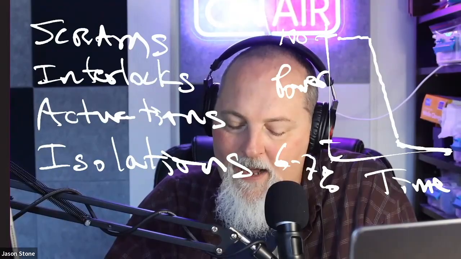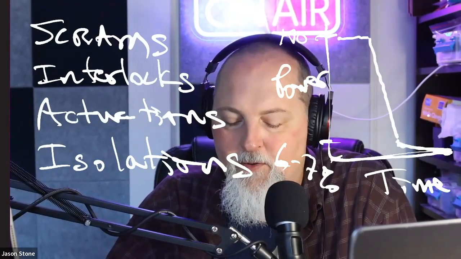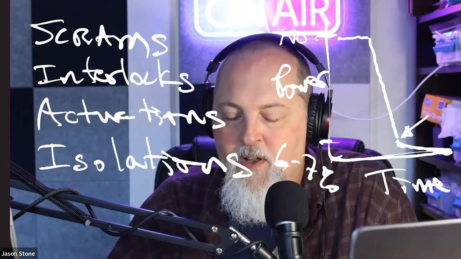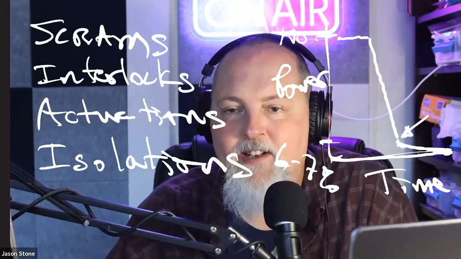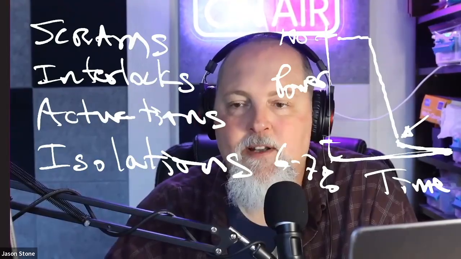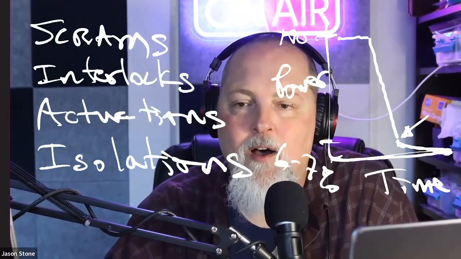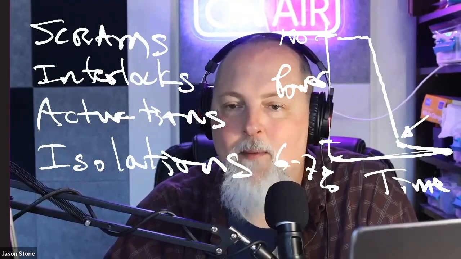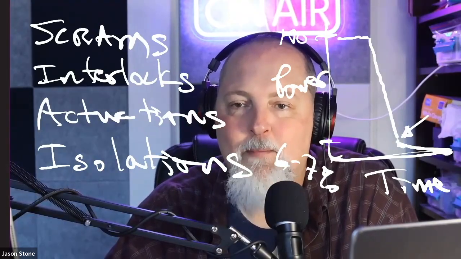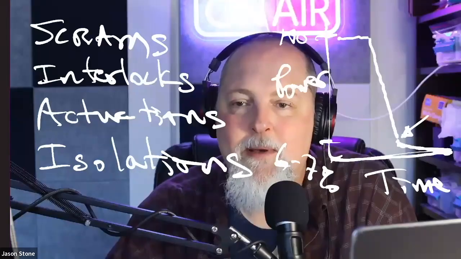So it starts cooling down. Let me go back to this point. This point right here is where we start to have decay heat. Initially you have sensible heat, which is just the heat of the reactor, the heat of the rod. Because of how hot the reactor's operating at, it has a crazy amount of heat.